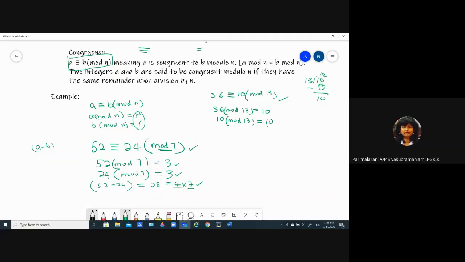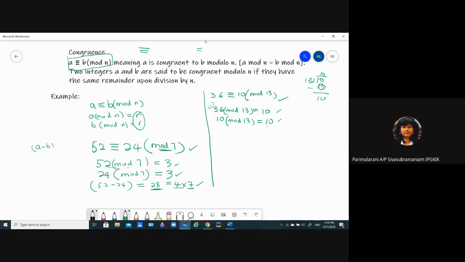First method, you find the remainder for each number when you divide by the given mod. If it's the same, then it's true. Second way is find the difference between 52 and 24. If the resulting number is a multiple of the mod, then it is true.